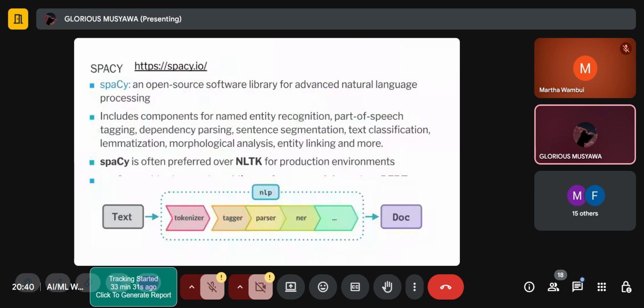Yeah. So we have, let me call it a library. It's a natural language processing library called Spacy. Is it a library? Okay, it's a library. So it's an open source software library for advanced natural language processing. As I said, just like any other advancements in AI, natural language processing has come from way far.